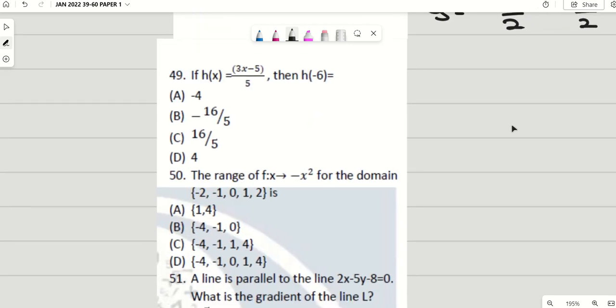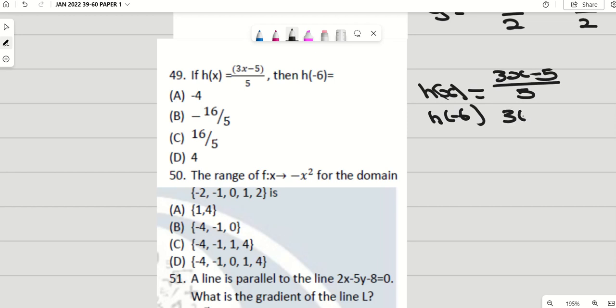Right? Number 49. If h of x is equals to 3x minus 5 all over 5, what is h of minus 6? Meaning x is equals to minus 6, right? So wherever we see x in our h of x equation, you're going to put minus 6.